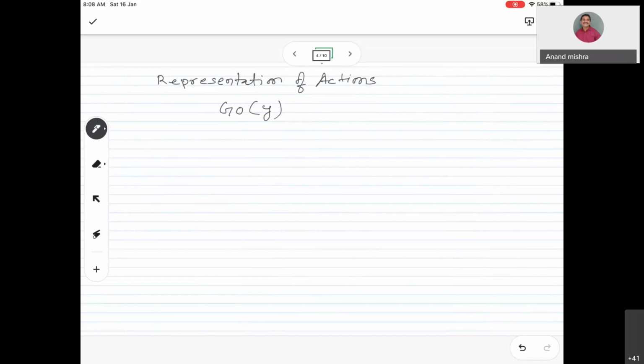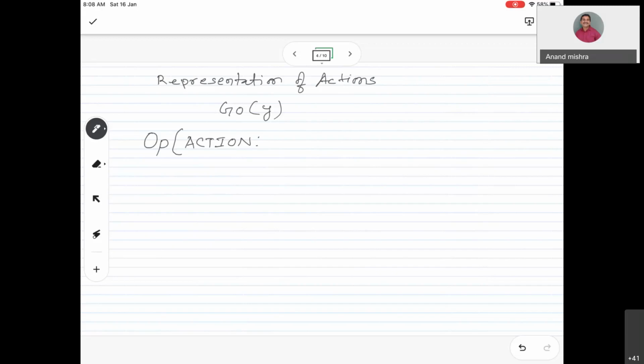Two ways we will learn. One is the functional way, which we have seen. We write OP, which is for operation, and then we have an action. What is the action?